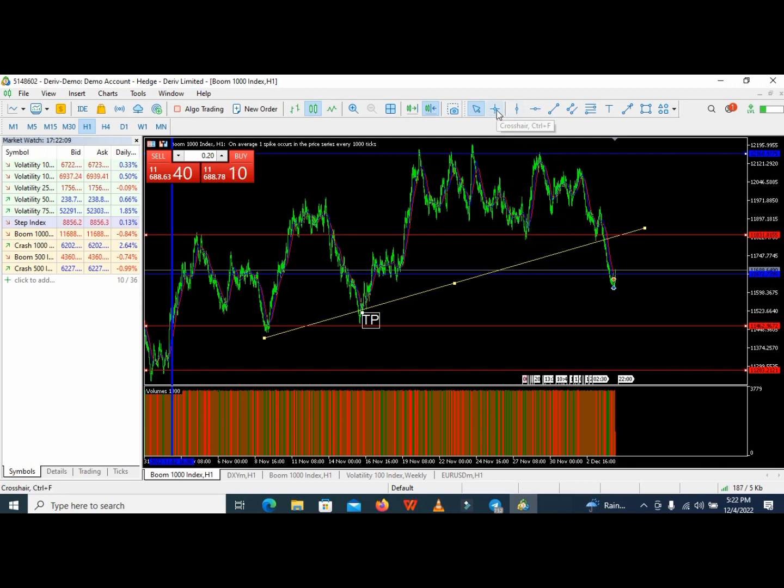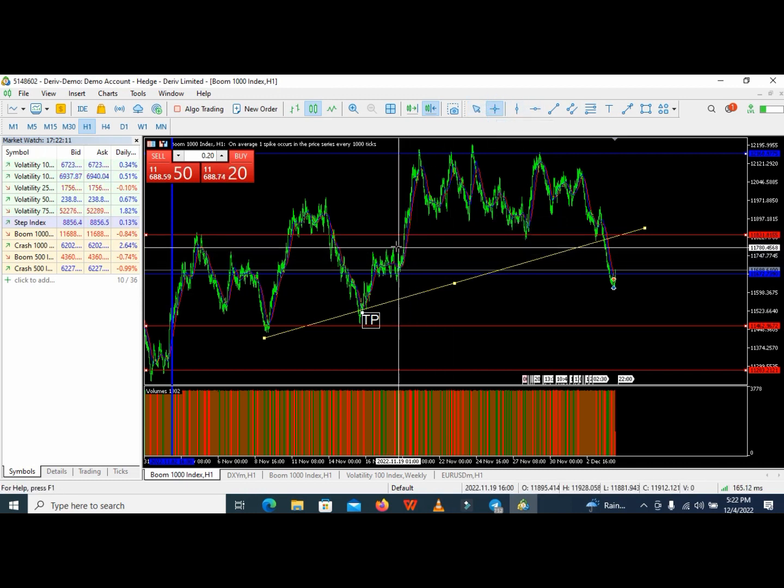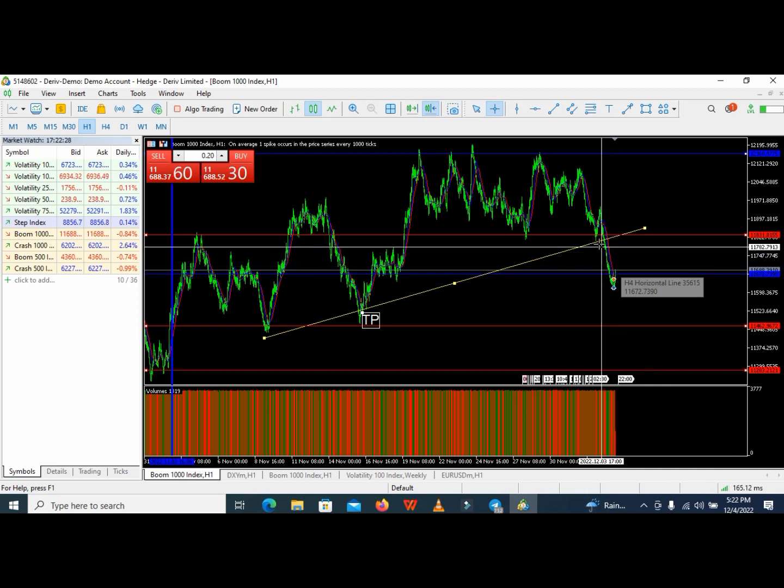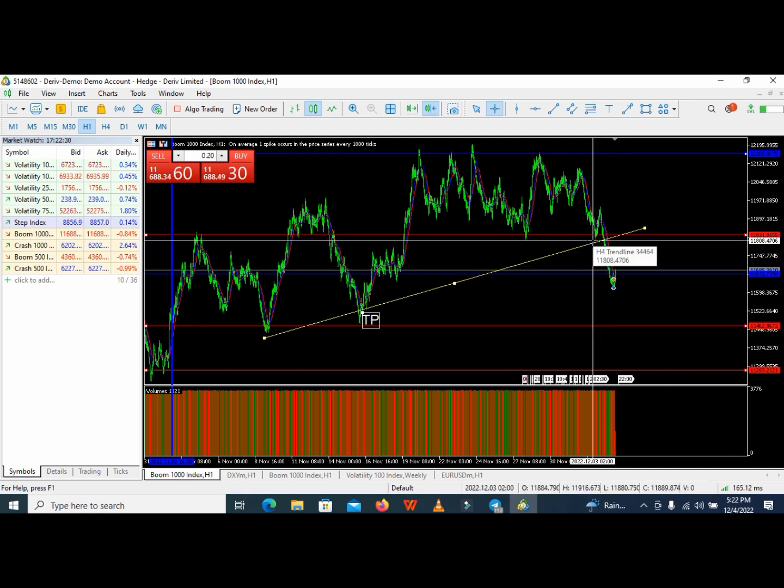For example, if in case I want to place my stop loss again, I can come here and place it here. We have something called risk to reward ratio that along the way we learn to understand how it works. I can put my stop loss here. If in case I think that this one is too closer to the current price, I can move it a little up.